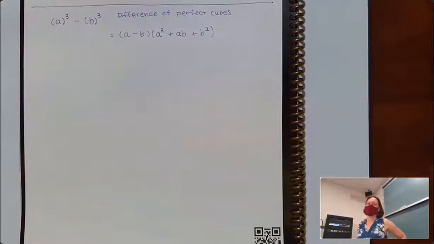Now I know that looks annoying, and it's slightly annoying to memorize, but it is something that we're going to encounter fairly routinely, both in pre-calculus and calculus. So it's something that we've got to get memorized.